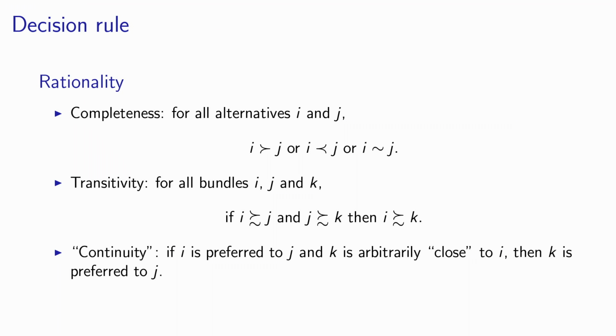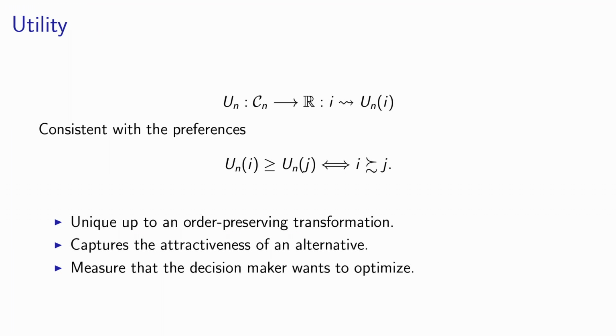And the last one, let me call it continuity with quotation marks, because it's not very formal. The idea is that if i is preferred to j, and we have another alternative k which is very close to i, very similar to i, then k will also be preferred to j. That's what we mean by continuity here.